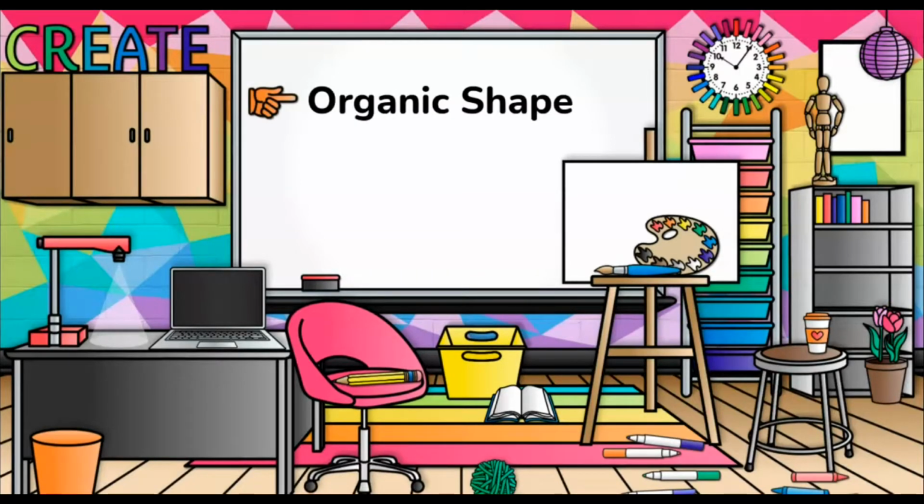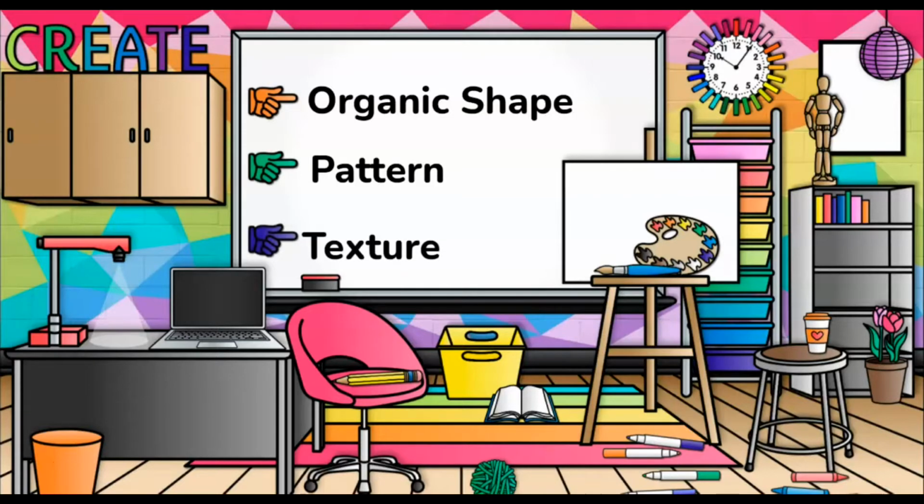So we're going to take the element of shape, we're going to look a little bit deeper, and we're going to focus on just the organic shapes. The next principle of art we're going to talk about is pattern, which is what we can use colors, lines, and shapes to make something interesting like a pattern. And then the final thing is, again, an element of art, texture.